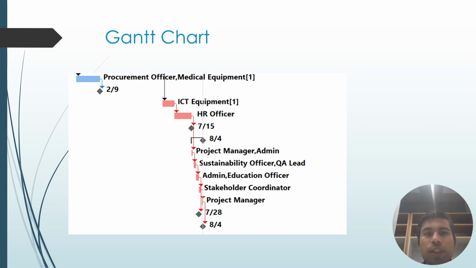This includes the procurement of medical, information communication setup, followed by the HR activities for this project. After this, the project manager, admin team, sustainability officer, quality assurance, education officer, and stakeholder coordinator become active.